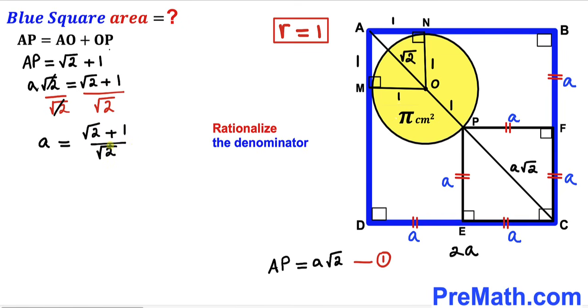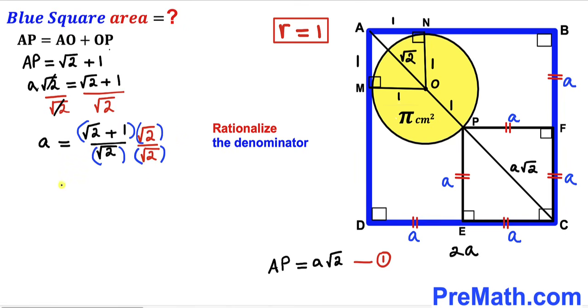And now we are going to rationalize this denominator by multiplying and dividing by square root of 2 at the very same time. We multiply these numerators, and likewise we multiply these denominators as well.